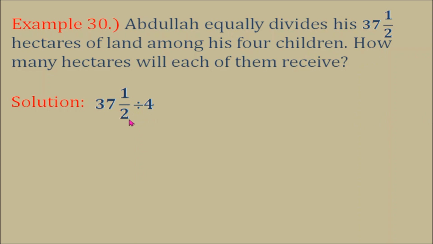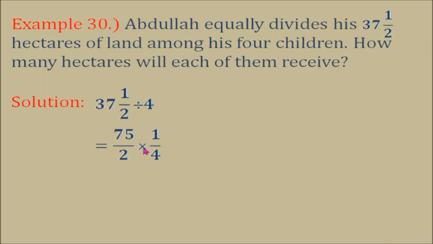Now to divide, we are going to change this mixed numeral to improper fraction. So that's 2 times 37, 74, then plus 1, it's 75. So it's 75/2. Then our divisor here is 4, so we are going to change it to its reciprocal, that's 1/4, and change the operation sign from division to multiplication.